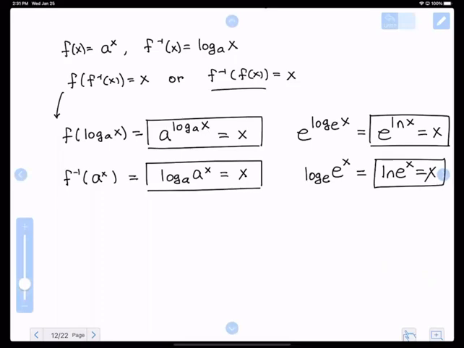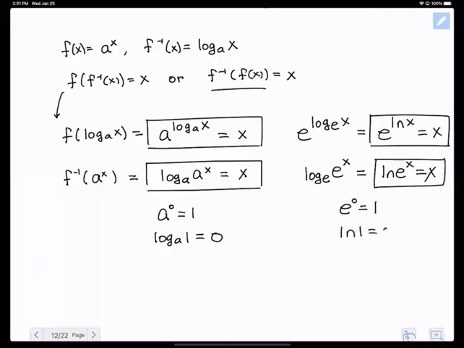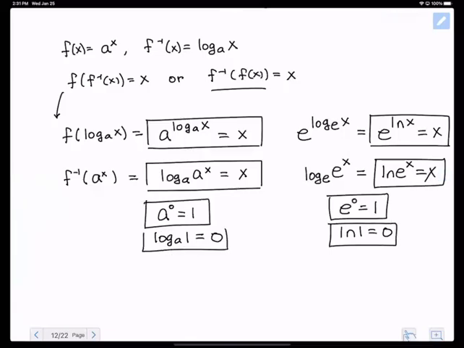On top of this, a to the 0 is 1. Log base a of 1 equals 0. Same thing, e to the 0 is 1. ln of 1 is equal to 0.